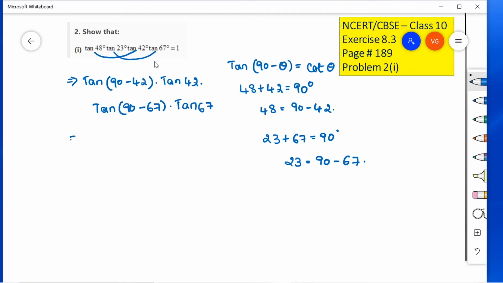So tan 90 minus theta is cot theta, so cot 42 multiplied by tan 42, and then tan 90 minus 67 is cot 67 multiplied by tan 67. So tan multiplied by cot is 1 and again cot multiplied by tan is 1. Cot 42 and tan 42 makes 1 multiplied by cot 67 into tan 67, another 1. So the answer for this problem is 1.